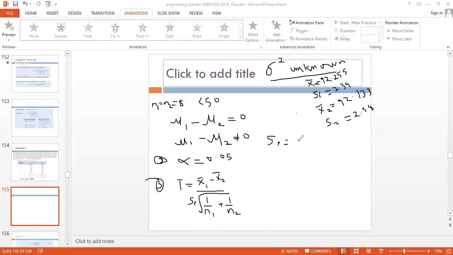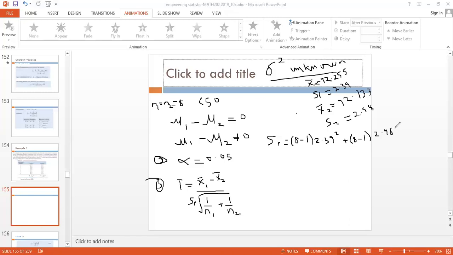So s pooled will be, I'm sure you are doing the calculation by now. We know n1 is 8 minus 1, which is 7, times s1 squared, 2.39 squared, plus 8 minus 1 times s2, which is 2.98 squared, over 8 plus 8, which is 16, minus 2, which is 14.